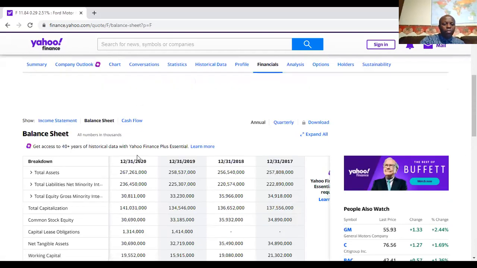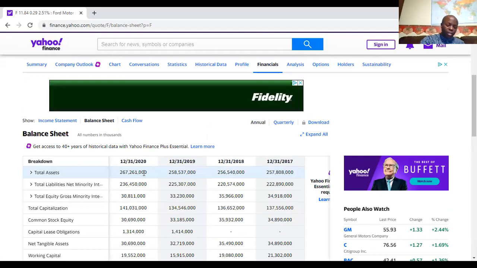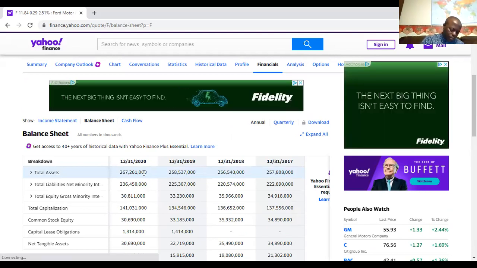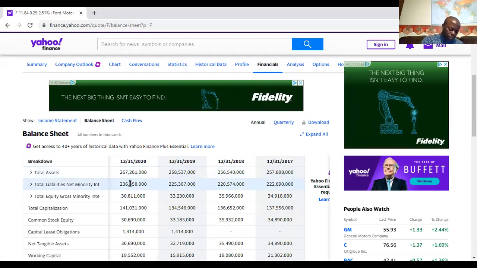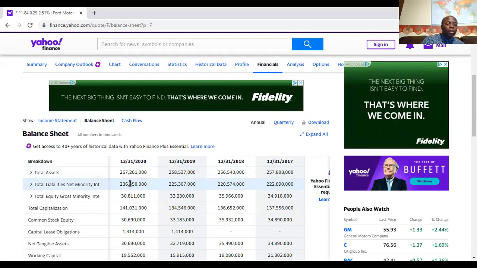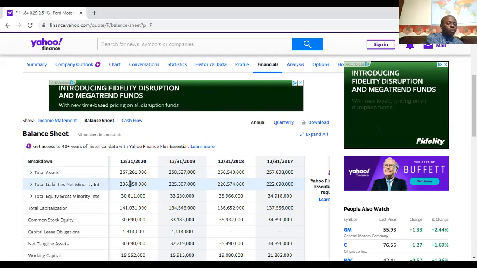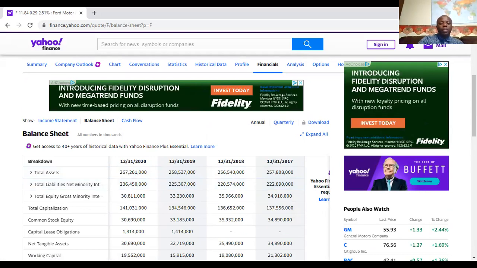Okay, we have here, I remove the last 3 zeros, total assets equals 267,261. Okay, so I'm going to go there and put it in the spreadsheet, 267,261.